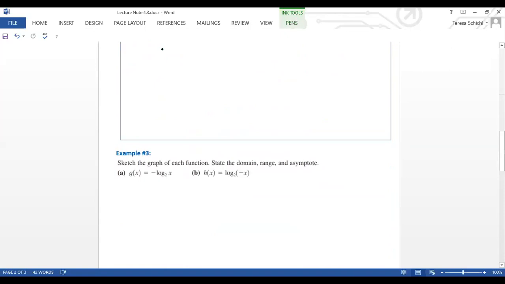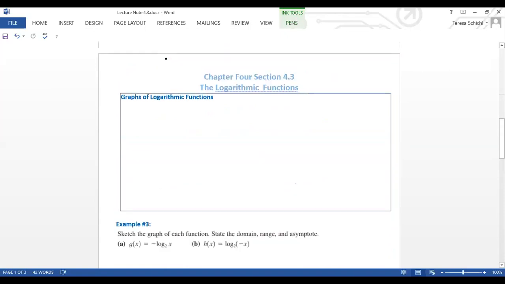Okay. So the next thing we're going to talk about is the graphs of logarithm functions. This is also a very, very super important topic, right?